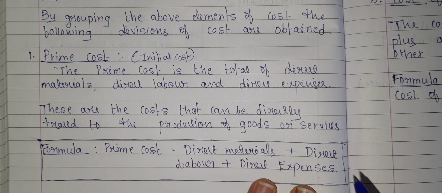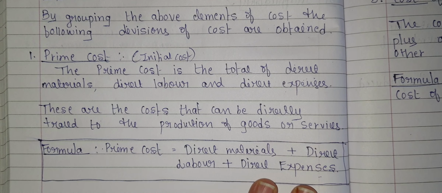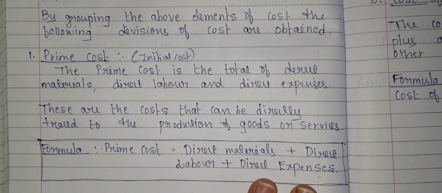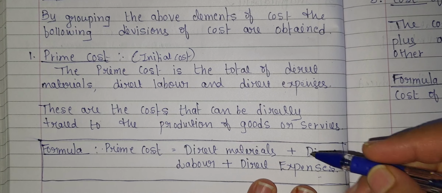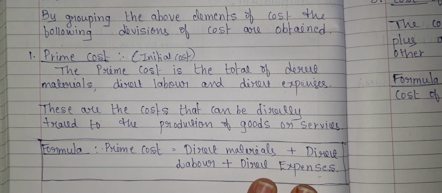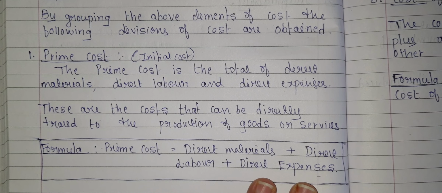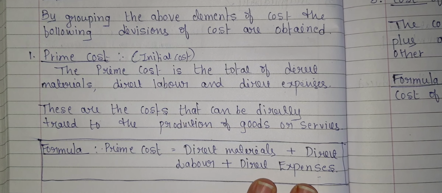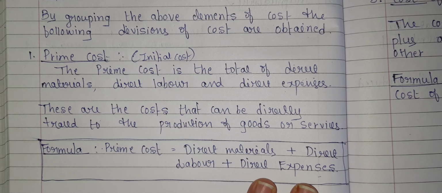These are the costs directly related to the production of goods or services. It means the initial cost made for manufacturing a product, that is raw materials, labor wages and other production related expenses. That is termed as prime cost.